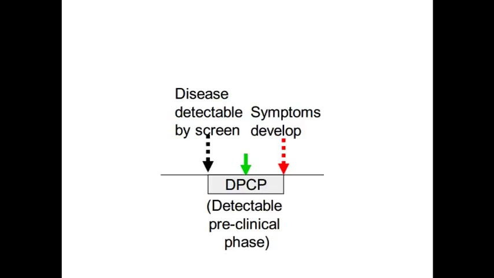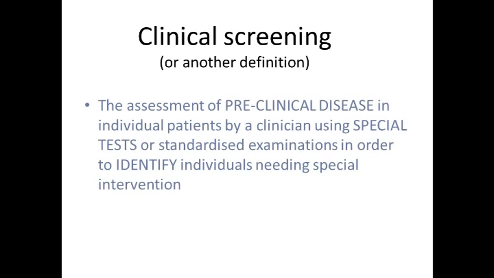So, based on this detectable preclinical phase, there is another definition which is known as clinical screening, which is used by clinicians. So, we talk about assessment of preclinical disease. We saw in the earlier slide that we have clinical and preclinical phase. So, we are trying to assess preclinical disease in patients by using special tests or examinations so that we can identify those individuals who need special intervention.